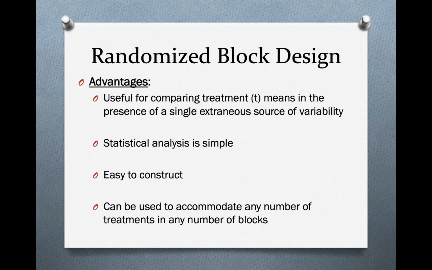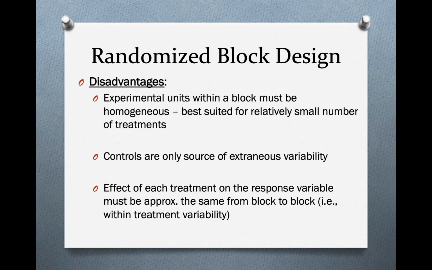And so another advantage of a randomized block design is that the statistical analysis is fairly straightforward and simple. It's easy to construct, and it can be used to accommodate any number of treatments in any number of blocks.